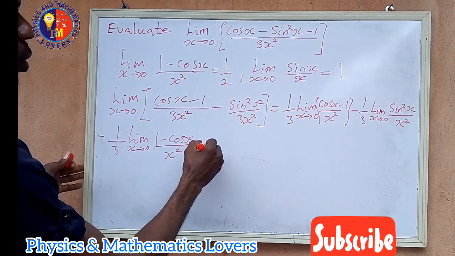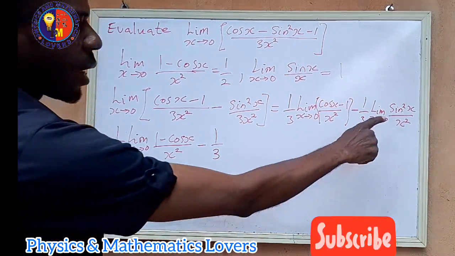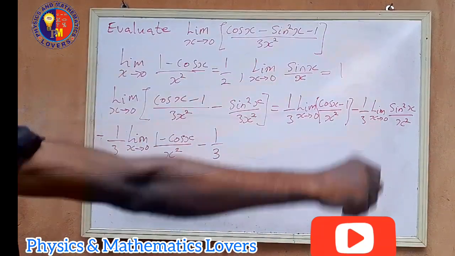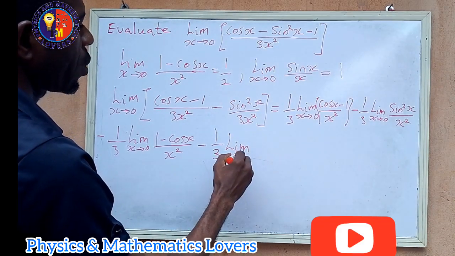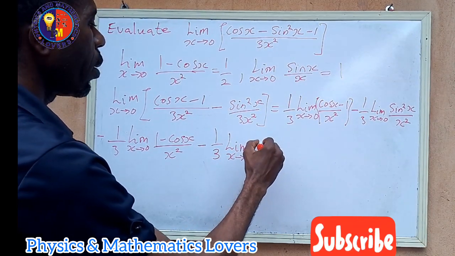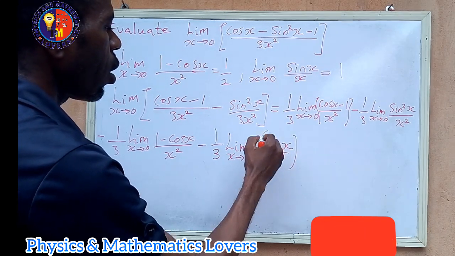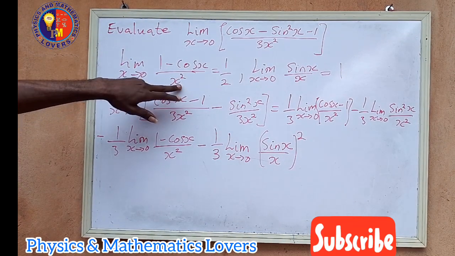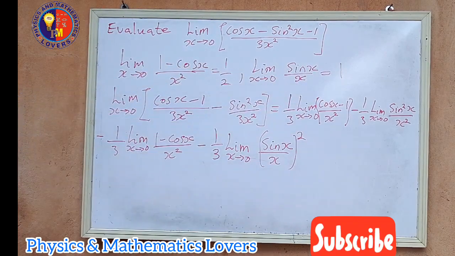Then let's go to this side. Now we have a minus 1 over 3. Remember, here is carrying a square and here is also carrying a square. So both of them can be combined, giving a common square. So I'm going to have the limit as x tends to 0 of sine x all over x, everything squared. Okay, so with this, we have been able to achieve our goal. We want to achieve this standard limit and this standard limit.